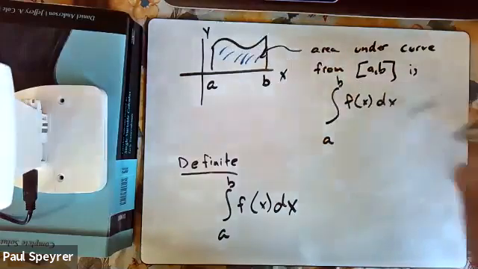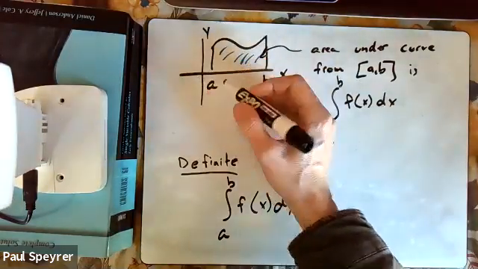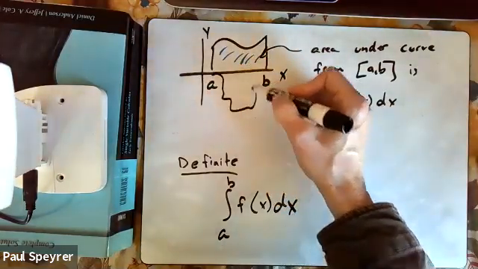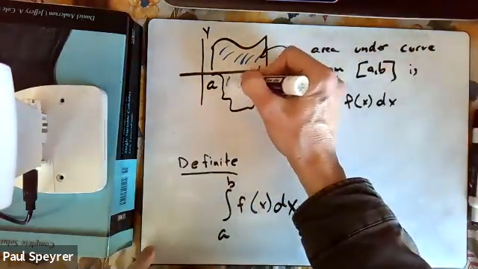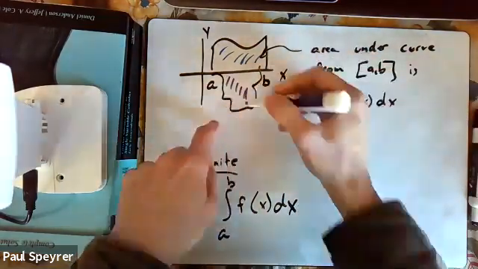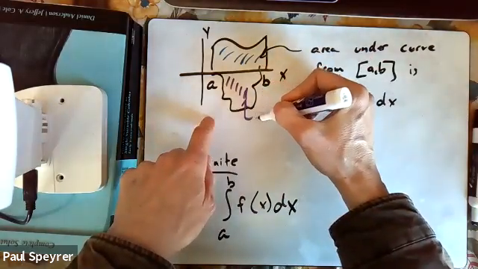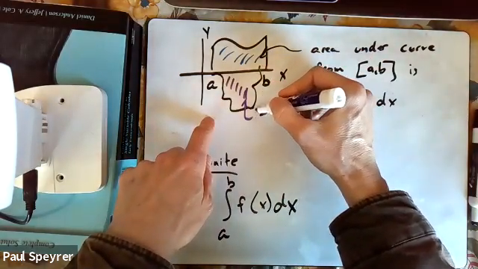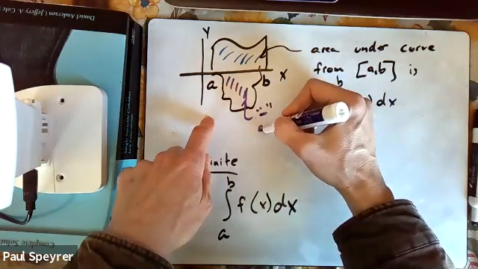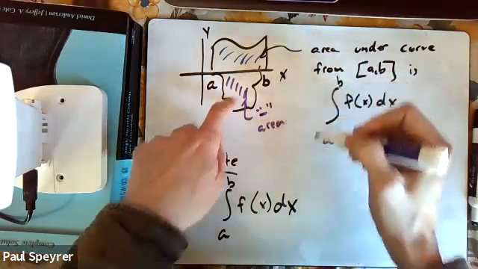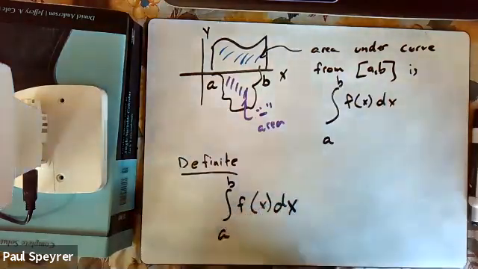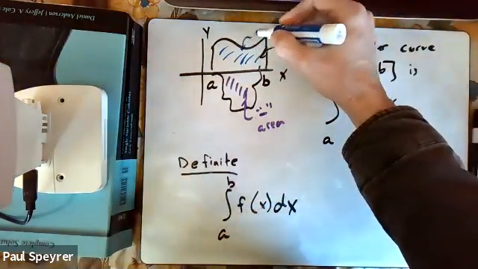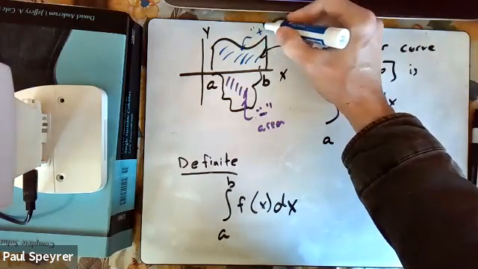If we had stuff beneath, like say if I had some weird looking curve right here in the purple, like this area right here, we would have a negative area because that's beneath the y-axis. And just like above, I said we would have positive area.